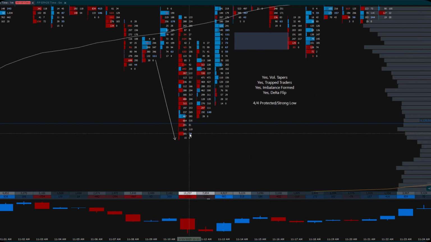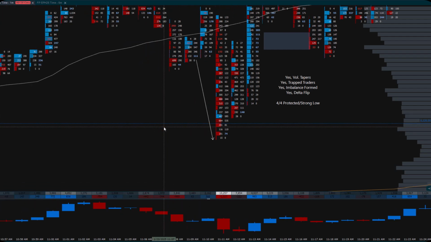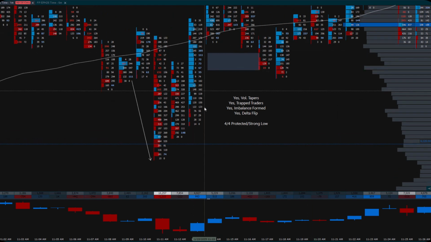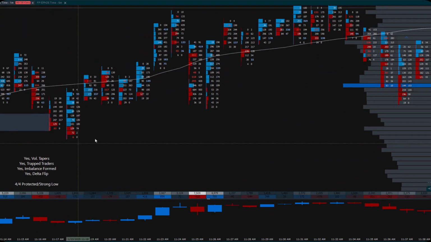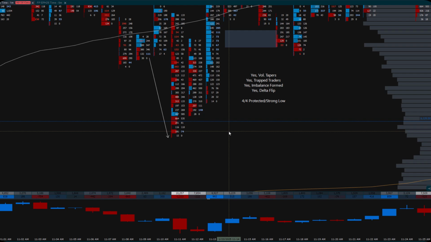All right, so this is a strong low, and you could have gone bid. Maybe you choose to get bid right here where some buyers were shown, or maybe you just limited this imbalance, rebid of the extreme, right? And then obviously once we have this aggressive candle, you can scale in here and do whatever, but this is a good example of a strong low from right here.